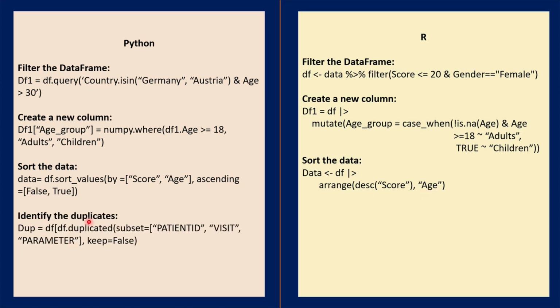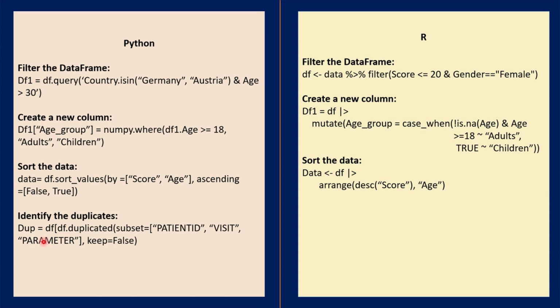And how to identify duplicates in your data. So now you have a data frame called df. You want to check if there are any duplicates. So how do we check? We have a duplicated method here. So what we do, we call the subset function, and you want to see on the patient ID, on visit and parameter.